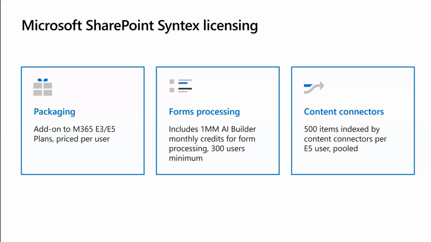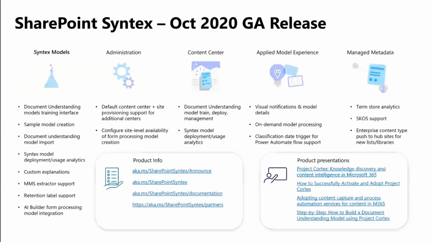Depending on the license, what the license is going to do is it's going to give you guys the ability to, here, let me just jump back up to this slide real quick. The administration, what it's going to do is it's going to light up the ability to configure Syntex. Part of that configuration is you set up a default content center. By the way, content center is an admin site template, so you can make more.